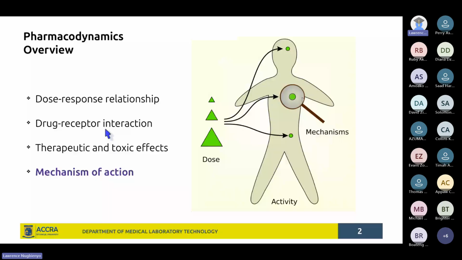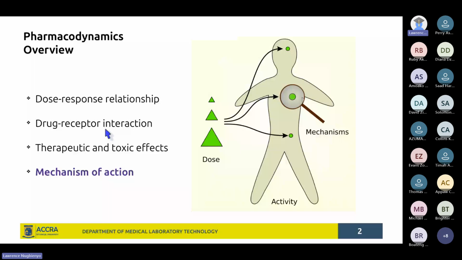Therapeutic and toxic effects too, we did talk about it when we were doing the pharmacokinetics. We did see the kinetic curve, and we referred to the safety corridor: the maximum concentration, which is a threshold above which you start to have toxic effects, the minimum therapeutic effect concentration, and the distance between them being the safety corridor.